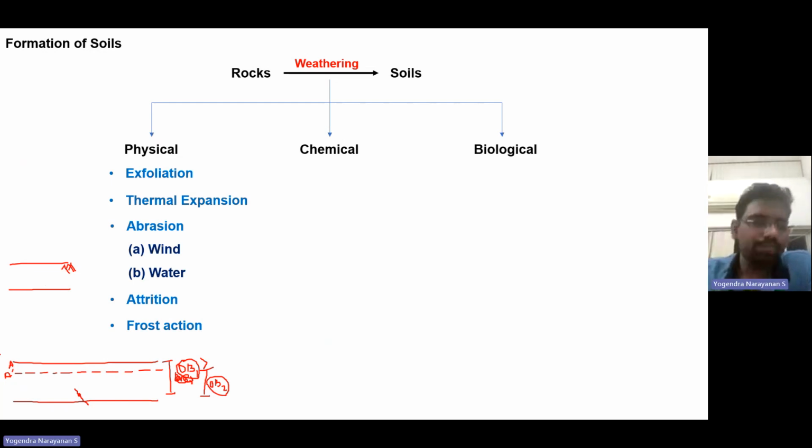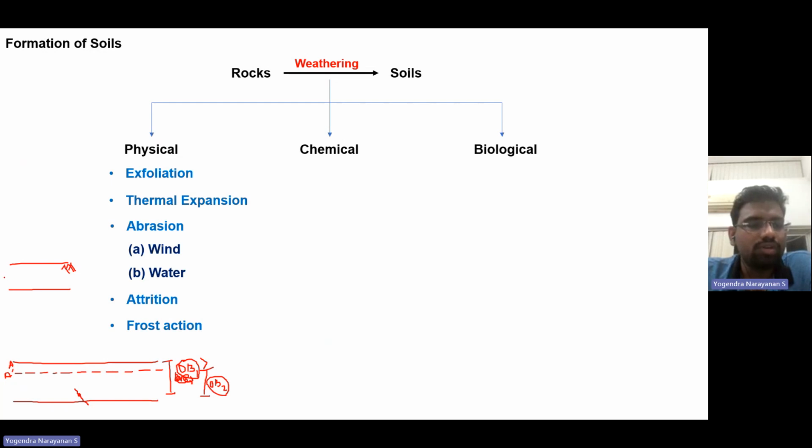So during the day, the rocks exposed at the surface to the sun will get heated up, while beneath, the rock will not get heated up. The heat would not have propagated to that depth.